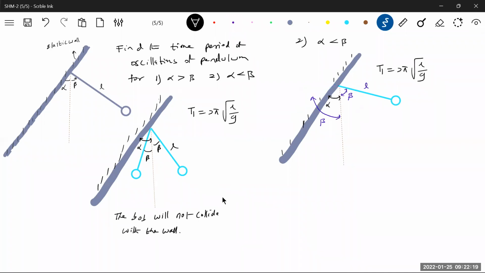So here the bob like this, we should take it out. So it will come and collide. I'll show that angle, that will be sufficient. Beta is greater than alpha, that angle is what I'll try to show.